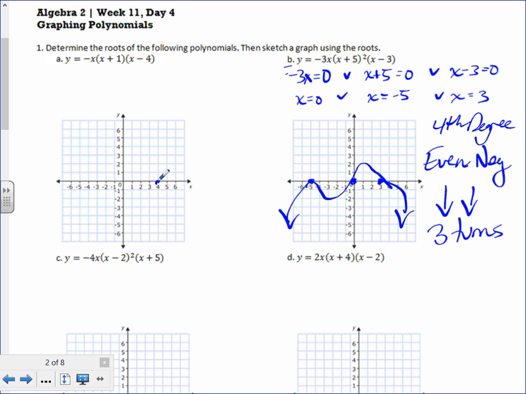Well, I need to be able to see that it's a hard turn. So some of you have been drawing your hard turns like this. Like this. I can't really tell that's a hard turn. It needs to actually bounce off and then come back up. If it's a hard turn, it needs to actually bounce off.